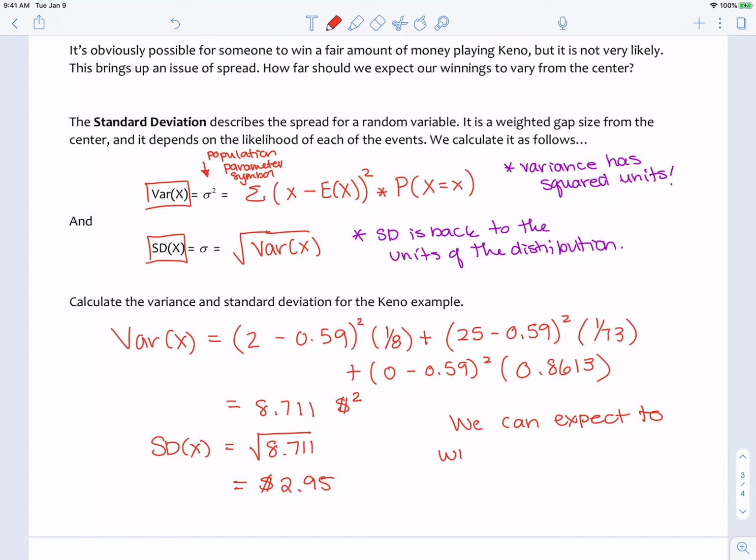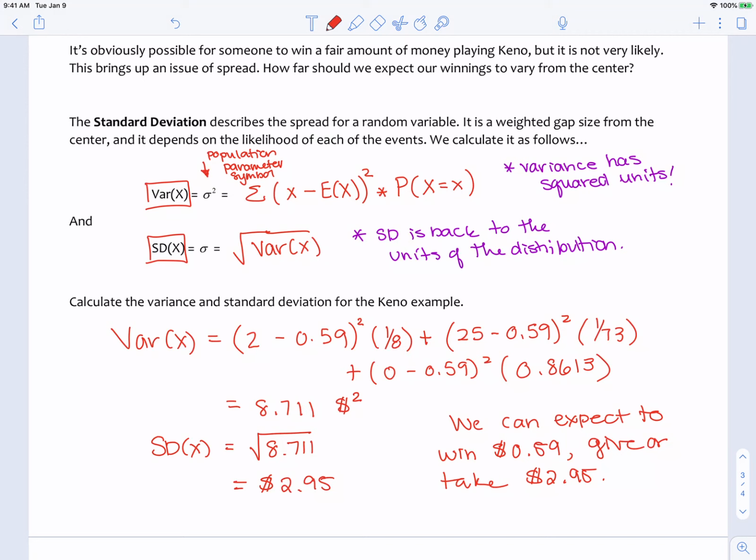All right, so we can expect to win that 59 cents, give or take $2.95. Now it becomes less of a sure thing, right? When we're looking at the possibilities ranging into the negative zone, then it becomes less of an investment-worthy proposition.